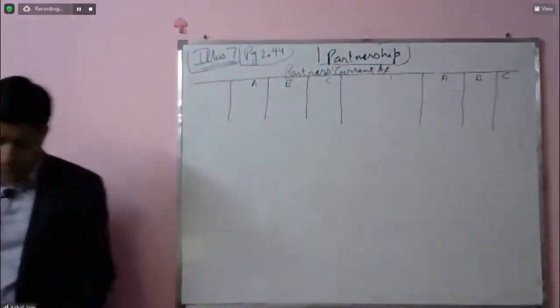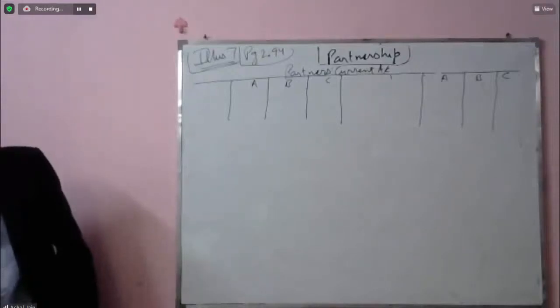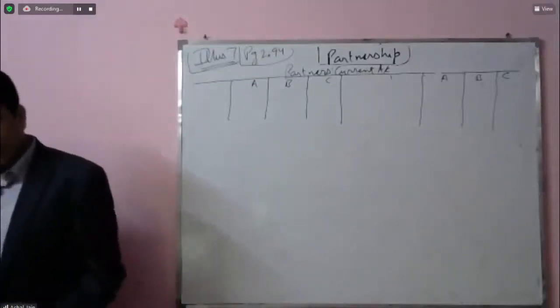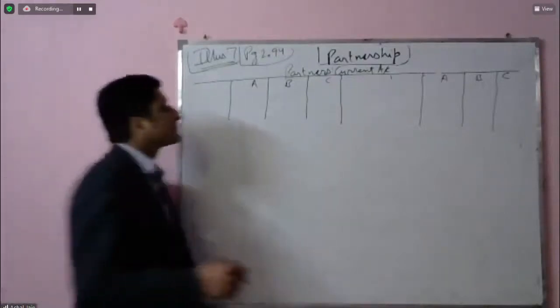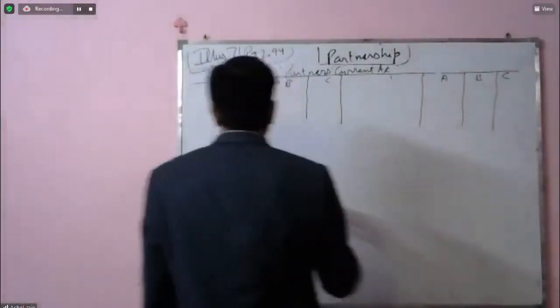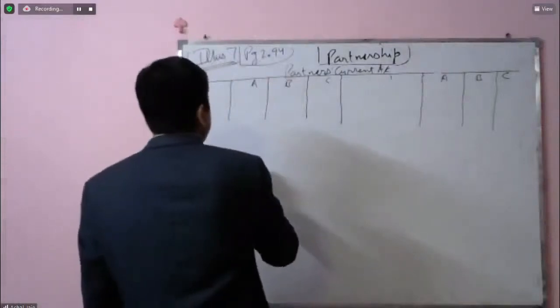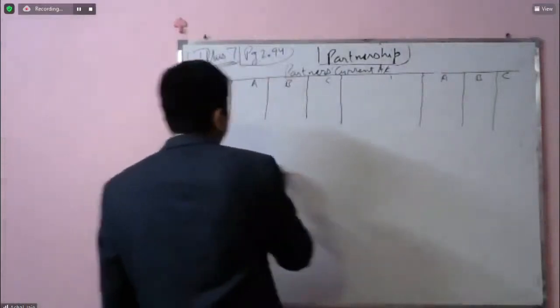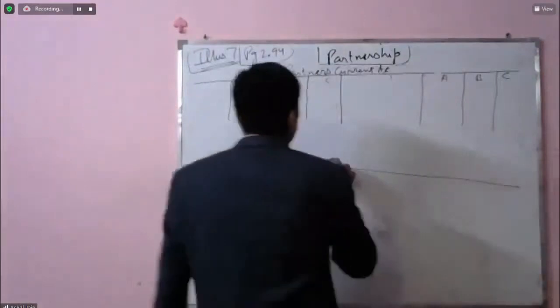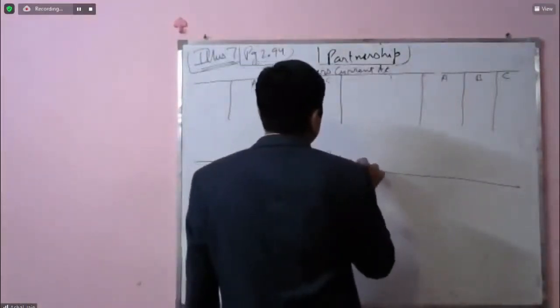Then the next one will be the partners' capital accounts, for which you can use the space.